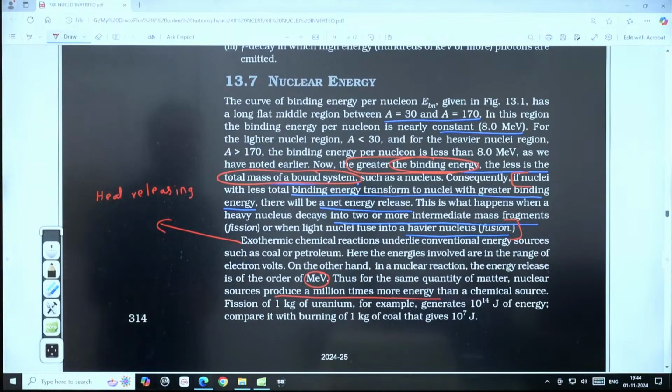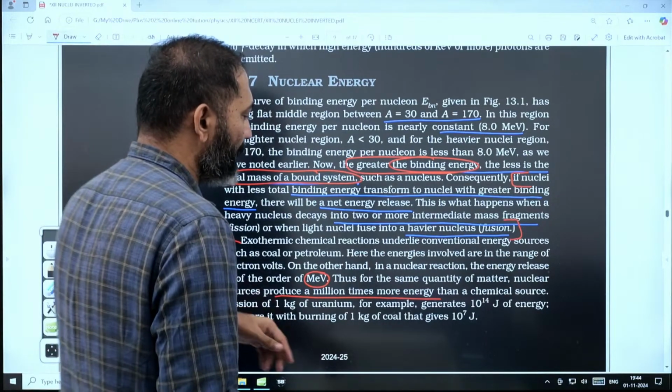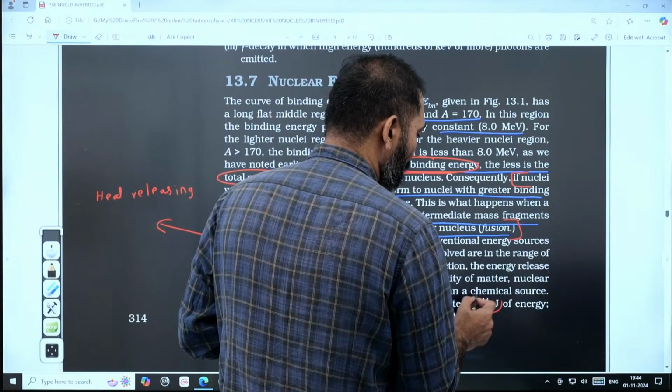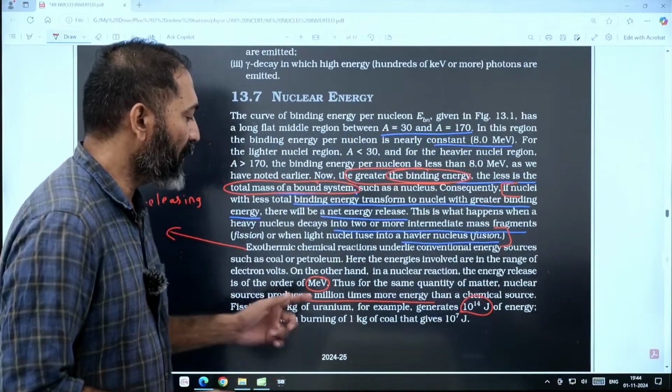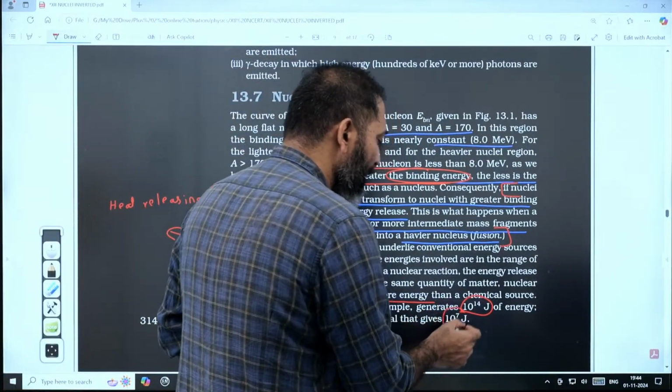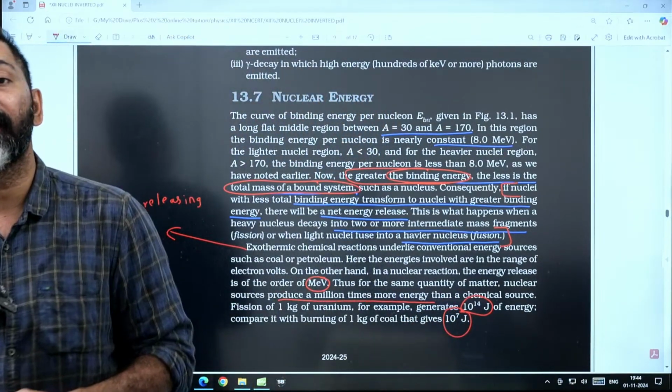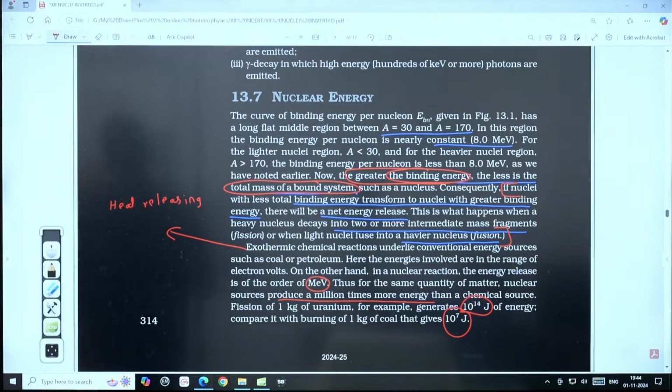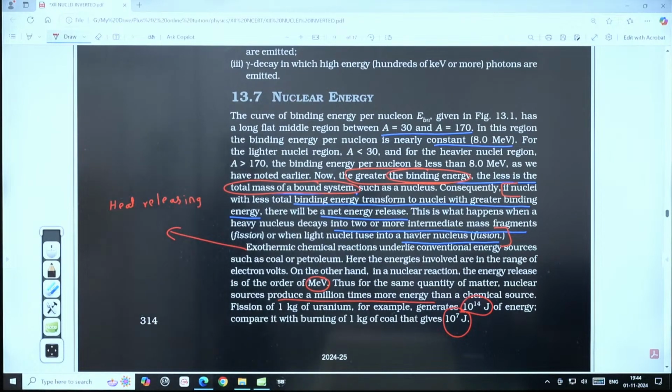For example, 1 kilogram uranium generates 10 raised to 14 joule. But 1 kilogram coal generates 10 raised to 7 joule. So 1 kilogram of uranium generates a million times more energy. Remember, 1 million is equal to 10 lakh.